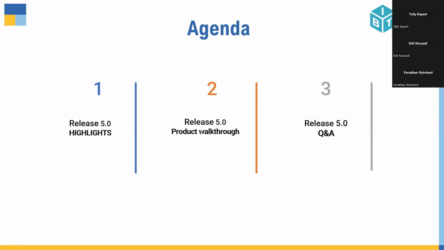And last, we will have a question and answer session to cover your questions, or if any clarification is required regarding the three major highlights of TallyPrime Release 5.0. And if there is any suggestion, input, or feedback, you can also type it in the Q&A chat box.